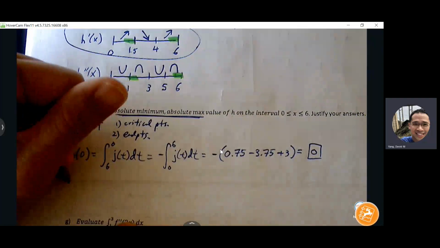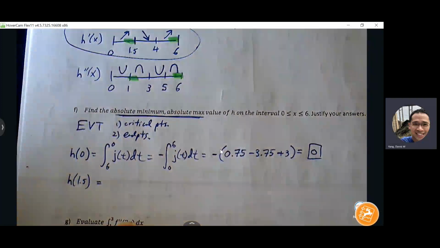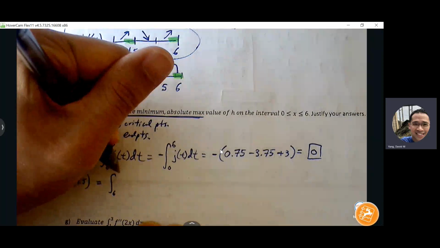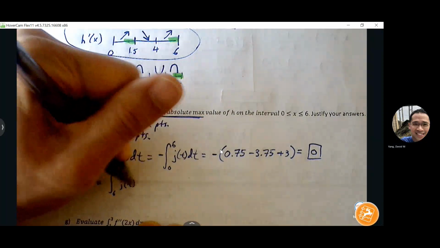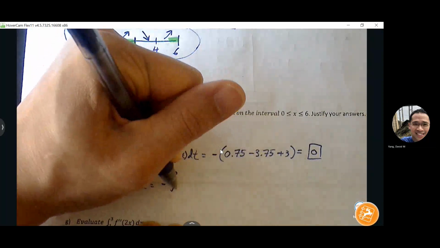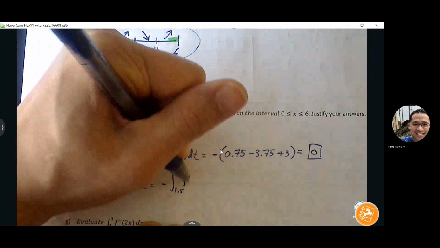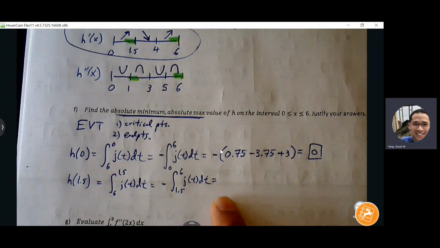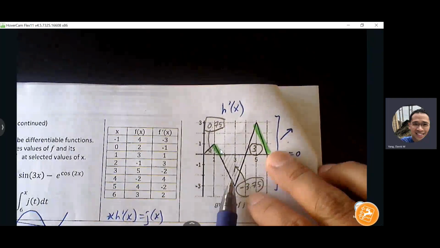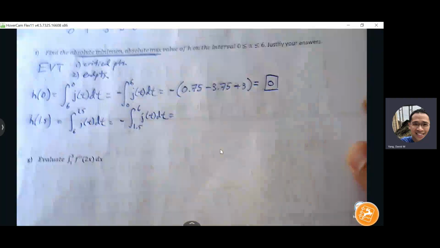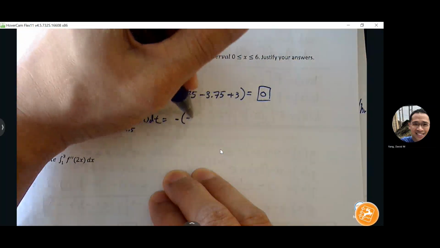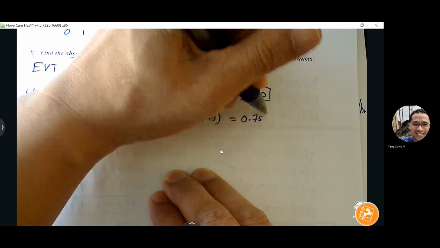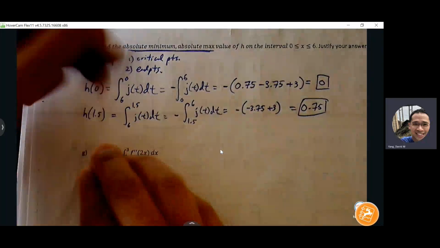Okay, next up, H of 1.5. Again, we're stuck with that upper bound always being smaller because the 6 is below, so we're always going to have to flip here. So from 1.5 to 6, negative 3.75 plus 3, but then I've got to make sure I change the sign of that. Okay, two more here.